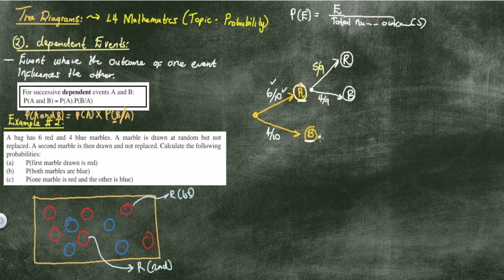Now, what is the probability of red if you took out a blue and did not put it back? Probability for red, probability for blue.